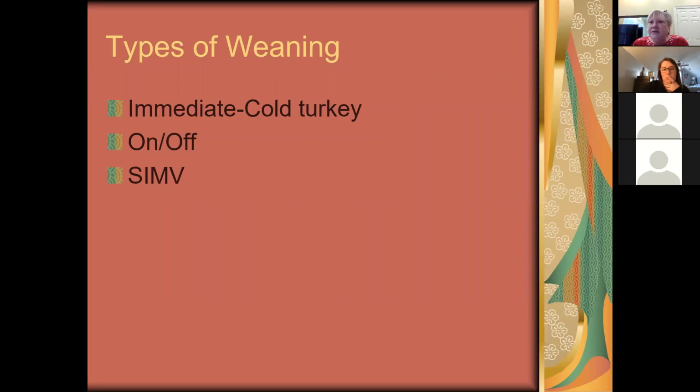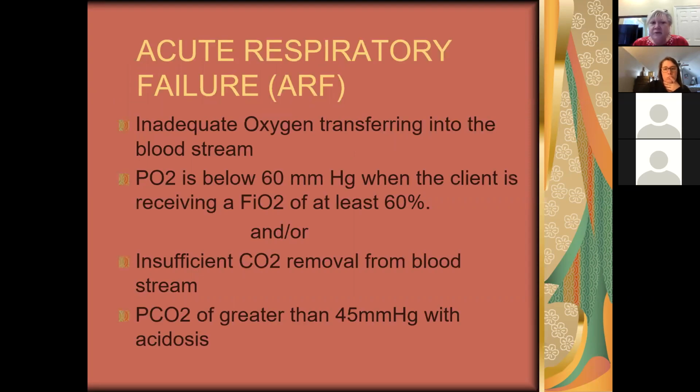All right, so we're going to go on to acute respiratory failure. Now, you've had acute respiratory failure before, and I even have already talked about it. Acute respiratory failure is basically hypoxia. It is a PO2 less than 60 when you're receiving oxygen, with or without an increase in your PCO2.